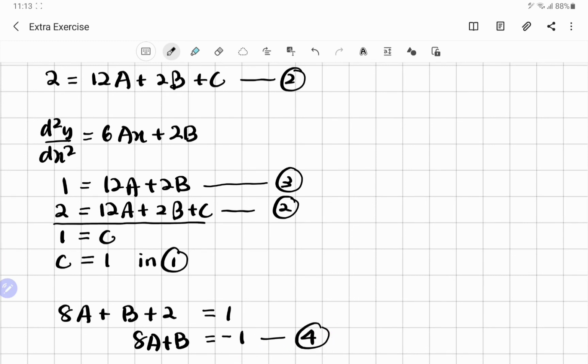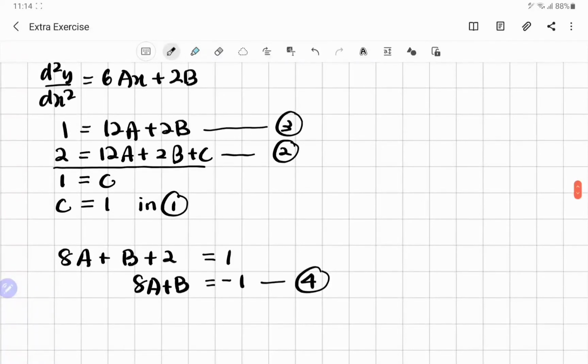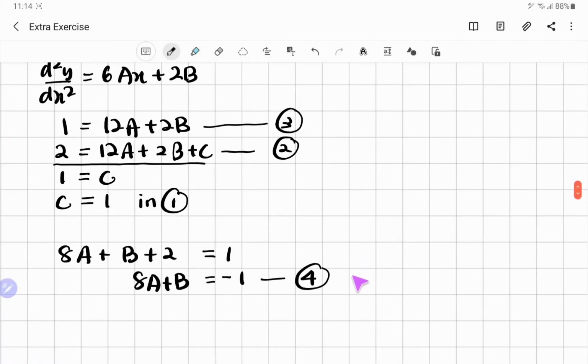So we're going to solve 8a plus b with the third equation. But first, we need to multiply by 2. Then we're going to get 16a plus 2b equals negative 2.